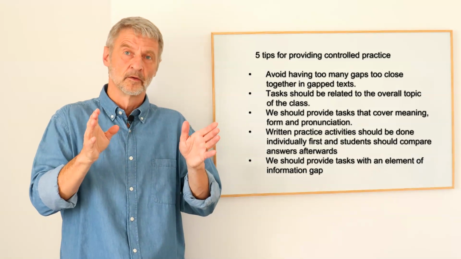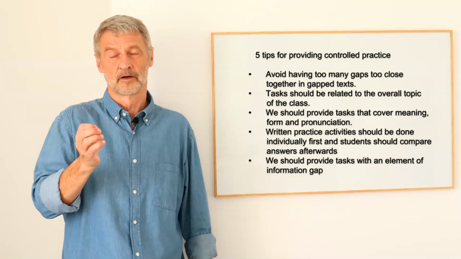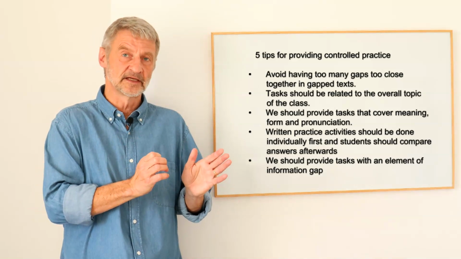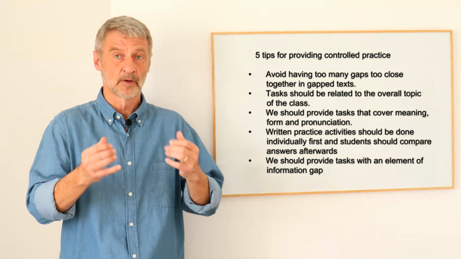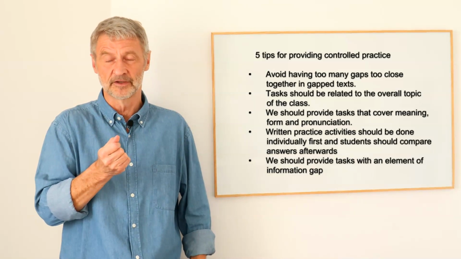Fourth, when you provide controlled written practice of the grammar, have the students first do the activities individually so that they have thinking time, quiet time on their own to think about how to apply what they have learned.